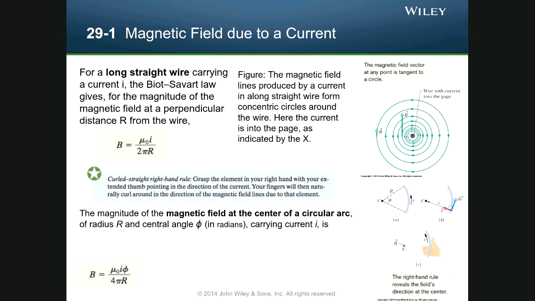Now, for a semi-infinite wire, if you're truly only looking from 0 to infinity, you would take out that 2, and you just have mu naught I over 4 pi r.